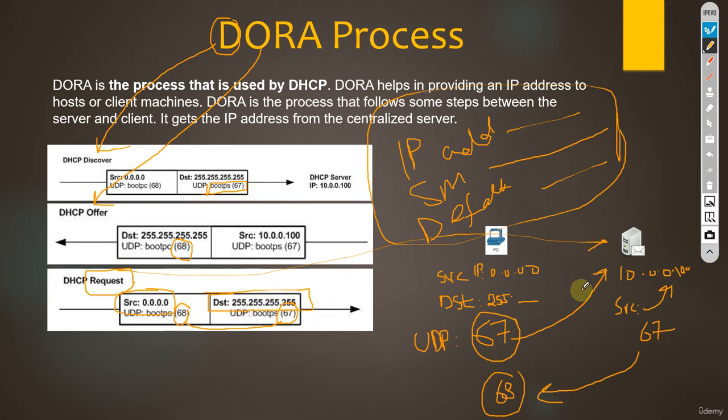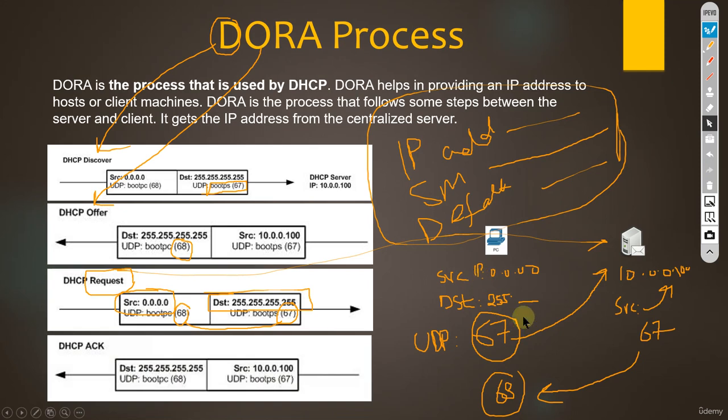The server will receive this request and acknowledge back to the client machine: yes, here you go. This is the package that you are looking for. I have handed it over to you and I acknowledge that you have received it. So this is the four-step process that happens in a DHCP IP address assignment.